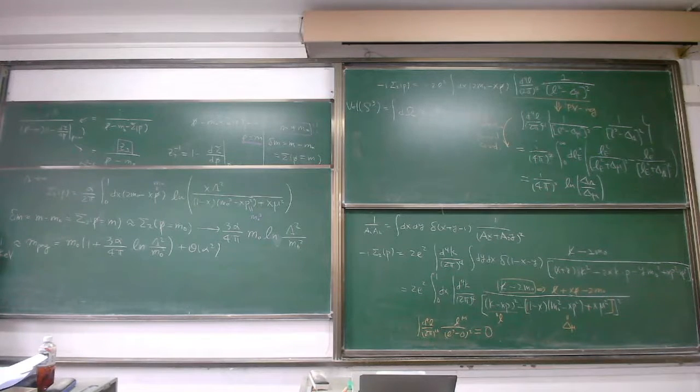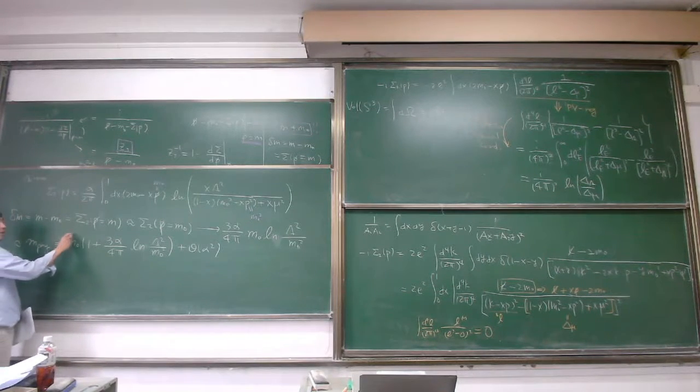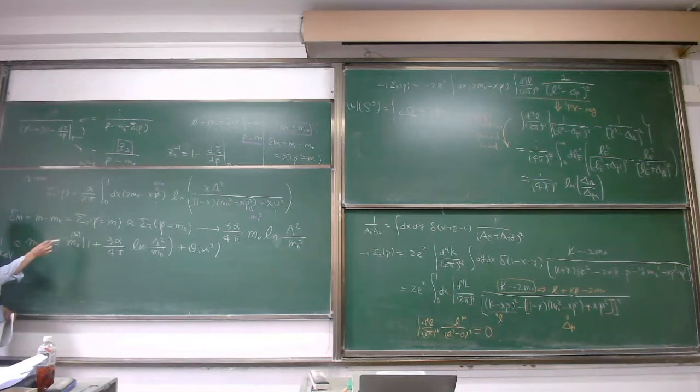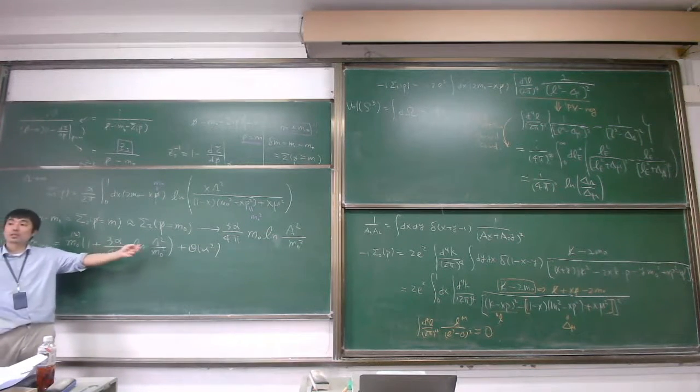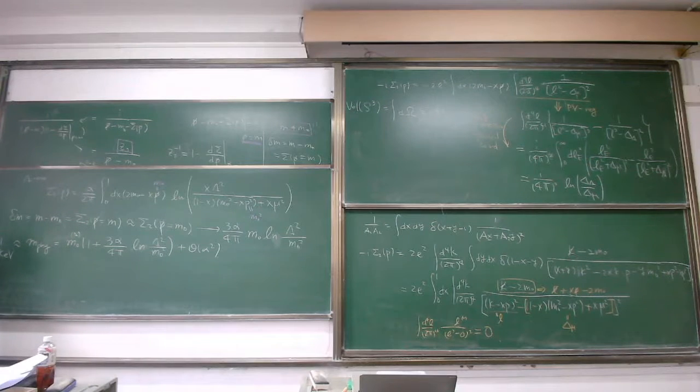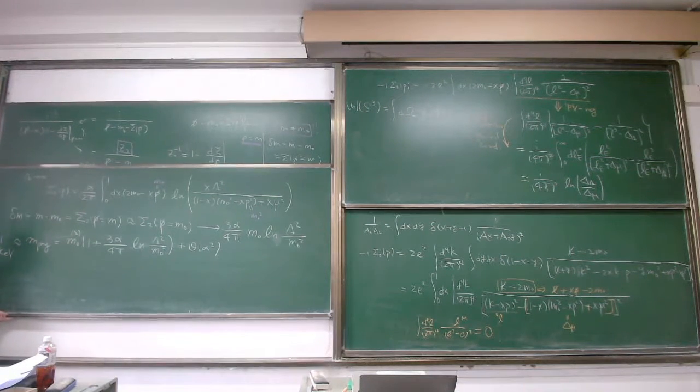That's what it means. So m0 is the mass at the energy scale lambda. But this has to be very small, so that if you multiply by the log lambda squared, you get the 500 keV in our scale.